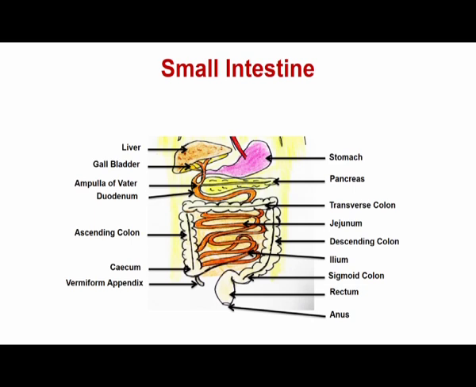So, that controls the flow of material from the ileum to the large intestine, and this sphincter is called the ileocecal sphincter. This sphincter is very important because it allows proper digestion as well as absorption of food material.